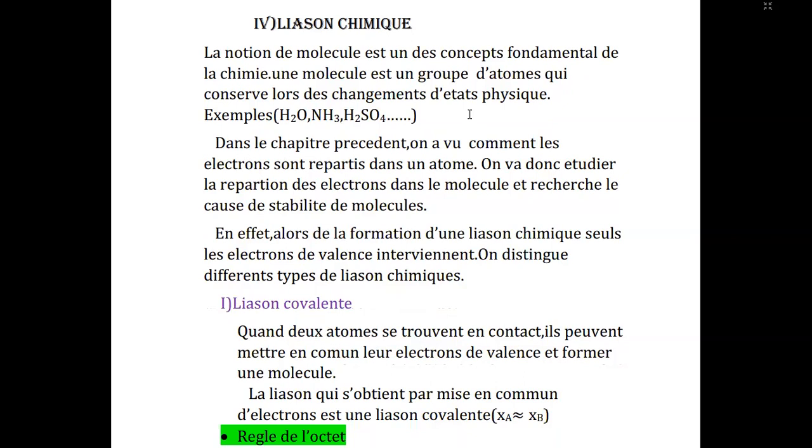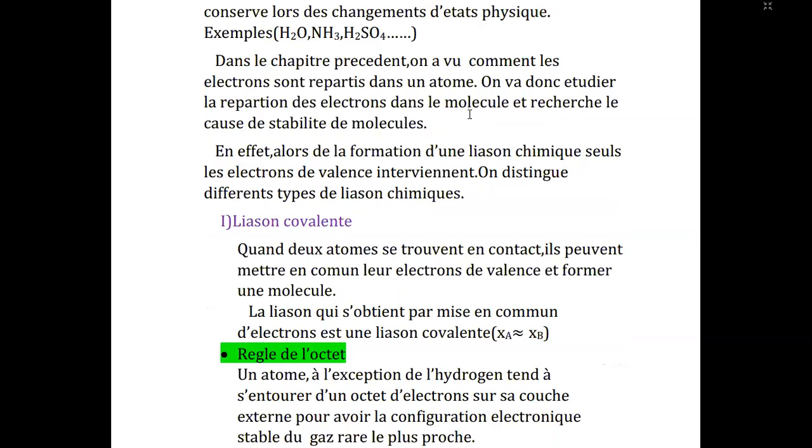So, in fact, during the formation of the reaction chimique, only electrons of valency take part, I mean the outermost shell, the electrons which are found in the outermost shell. Électrons de valence, électrons trouvés à la périphérie, électrons trouvés à la couche externe.